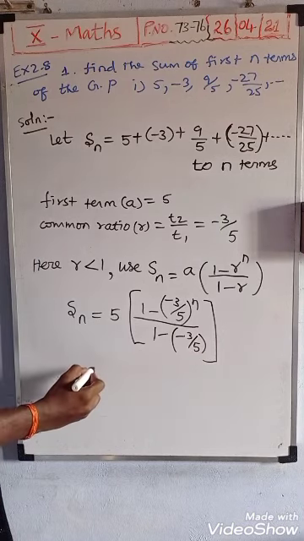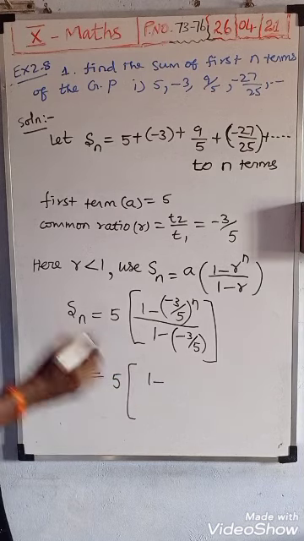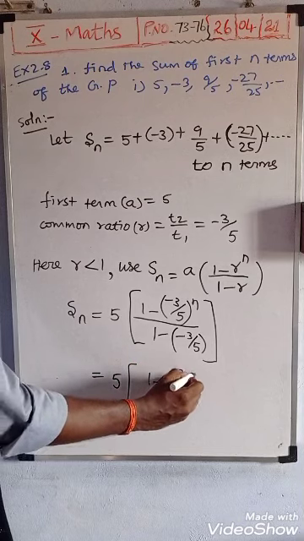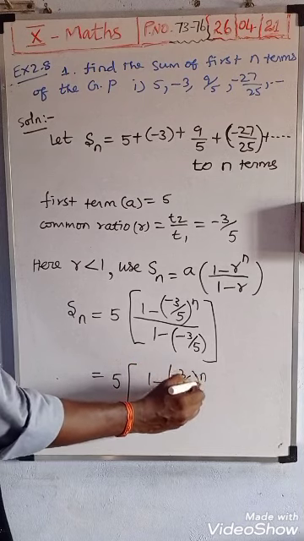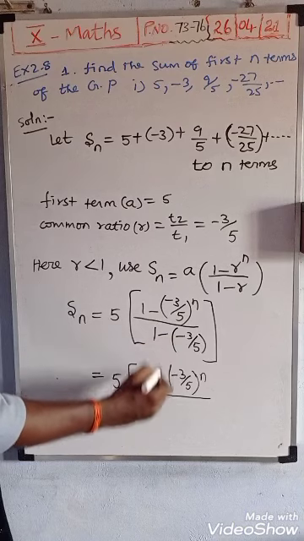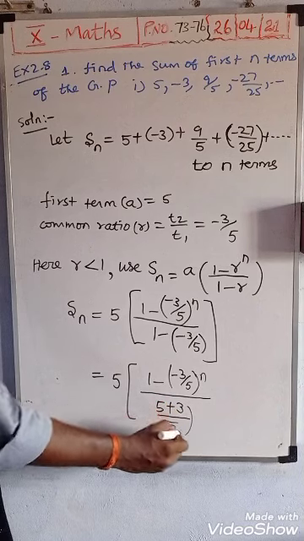In the numerator you should write as it is, because we cannot simplify it as we do not know n. Now in the denominator, minus into minus is plus. So taking the LCM, 5 plus 3 whole divided by 5 you will get.